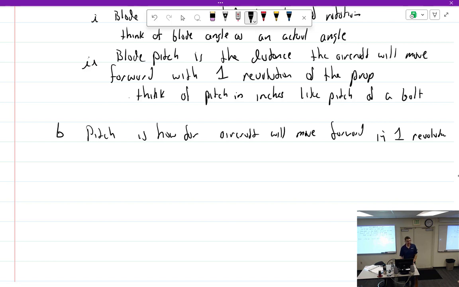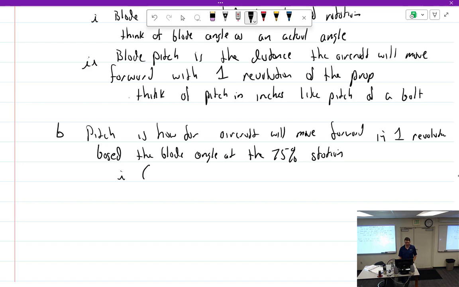Well, how are we going to figure that out? With maths, okay. Ew. But we have to standardize it, so it's all based on the blade angle at the 75% station. By the way, it's not just pitch, it's geometric pitch.